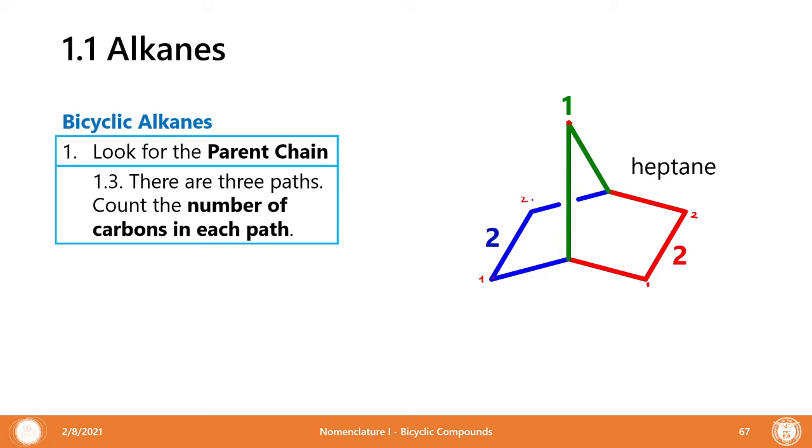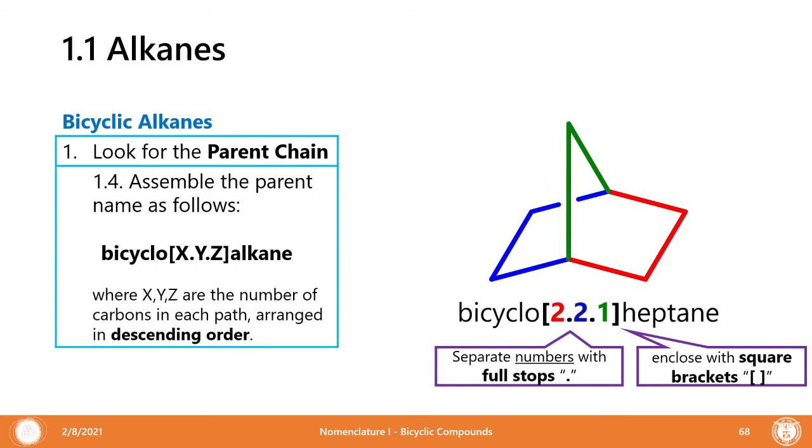And so we write the number of how many carbons are in each path here. 1, 2, 2. Then we assemble the parent name by adding bicyclo, a square bracket, the numbers in descending order, so they should go down. 2, 2, 1, separated by full stop or period, and enclosed in square brackets again.